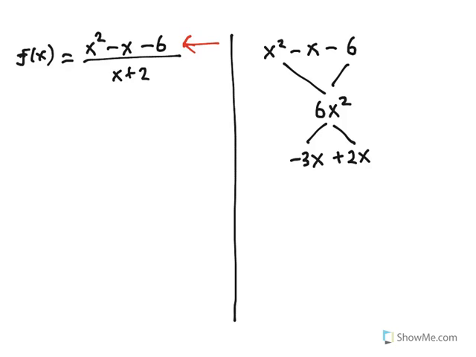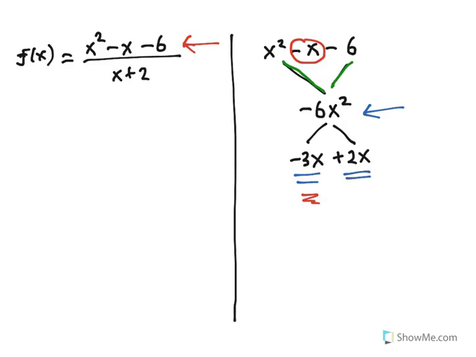So if you want to use the British method, here's what you must do. You're going to multiply the quadratic term by the constant term. x squared times negative 6 gives you negative 6x squared. And then you need to find two terms that will multiply to give you negative 6x squared, but that will add to give you negative x.